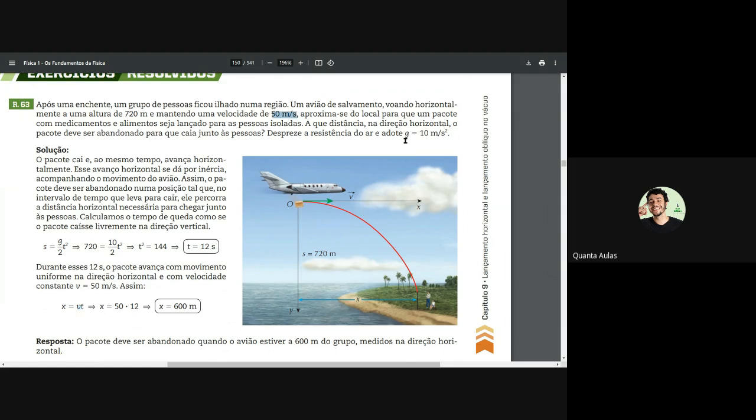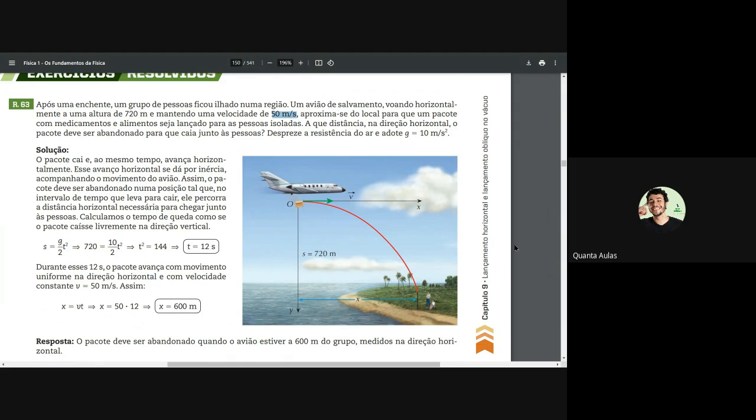Our problem says the velocity of the plane is 15 meters per second. So that's the initial velocity, and the velocity of this thing is 15 meters per second too, right? Because the velocity of this thing is the same as the plane, at least in x dimension, because in x dimension we don't have acceleration.